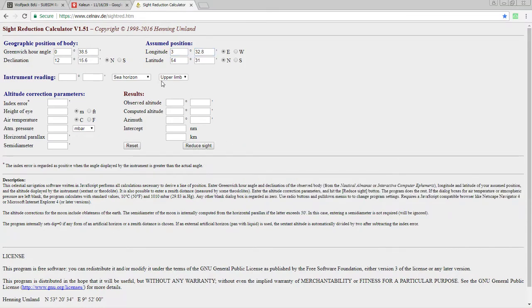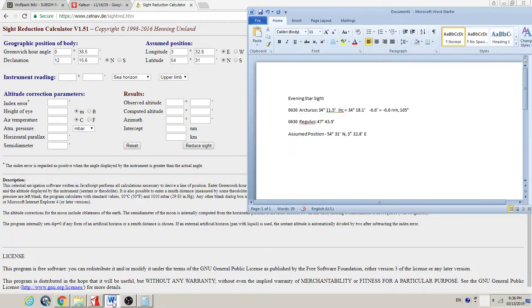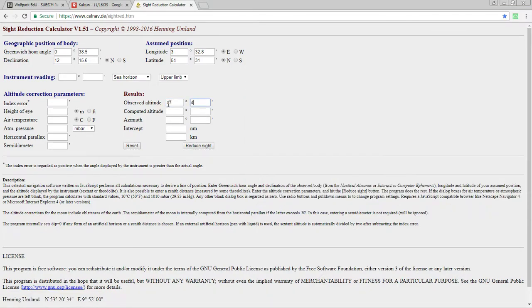Okay, we reduce this. We need to put the observed altitude in, which in our case is 47 43.9. Okay, and then we reduce the sight. There we go. For some reason it didn't give me the intercept. I'm not entirely sure why.